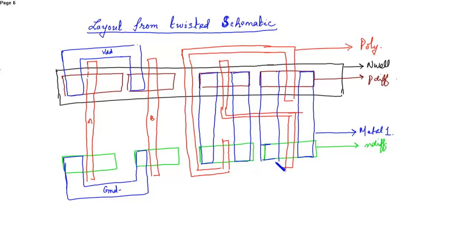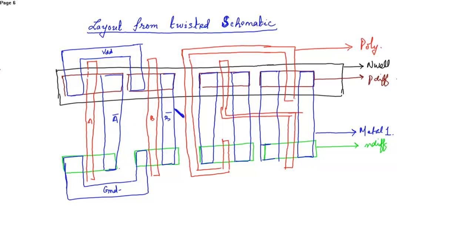Okay, now after this is the inverter. Okay, in the inverters the drains are not connected, so you have to connect the drains. Okay, so these are the two outputs, that is A bar and B bar.